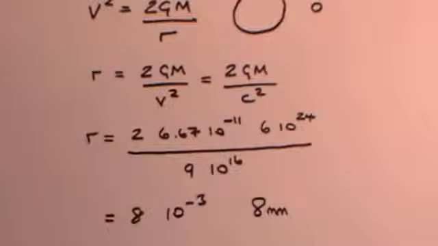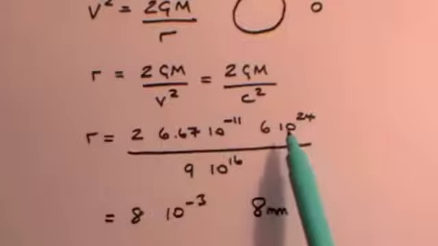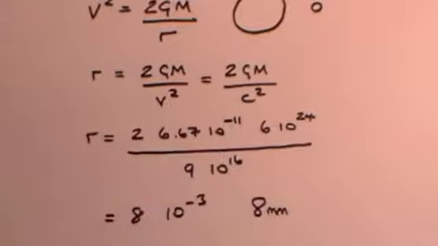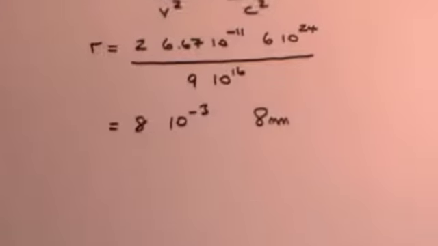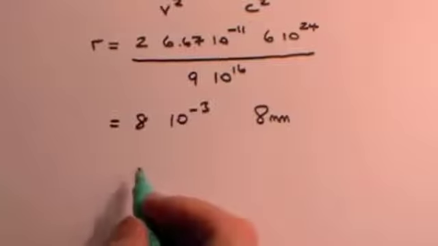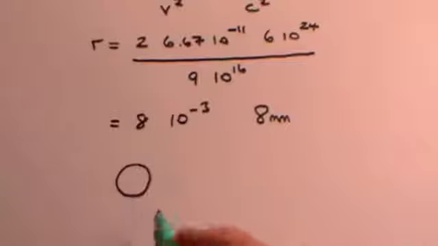So if you could squash the Earth down to the size of a marble with radius 8 millimeters, retaining all the mass, because you have to do that, the Earth would become a black hole.